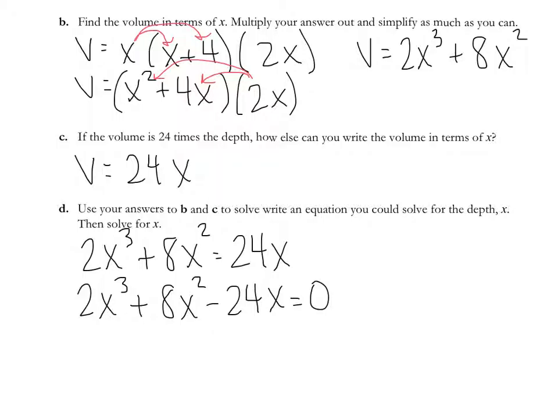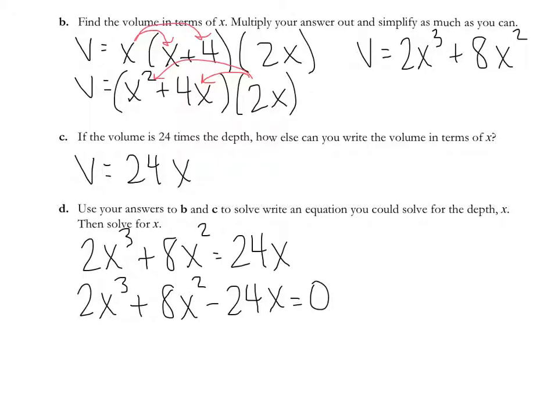The first thing I ever do in any kind of factoring problem is see if there's any kind of a GCF that I can factor out of all three terms, because if I can factor out a GCF, that makes my factoring job a lot easier. So let's look at these three terms and see if we have a GCF.